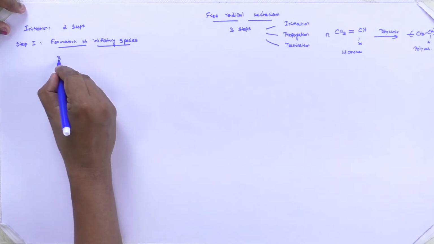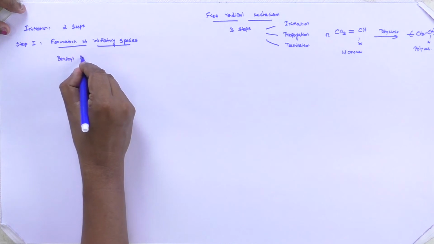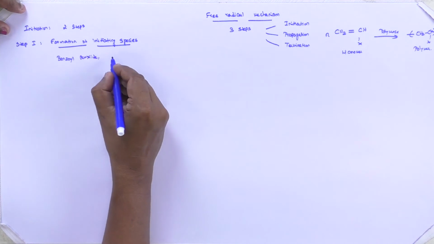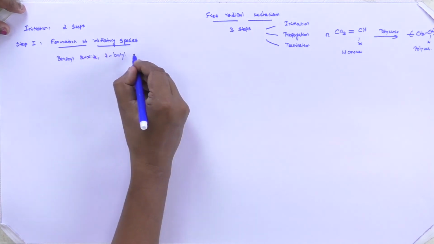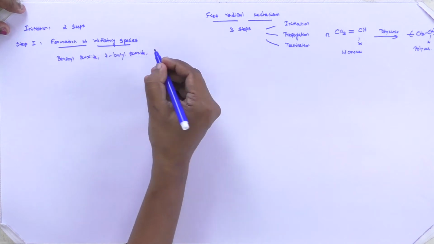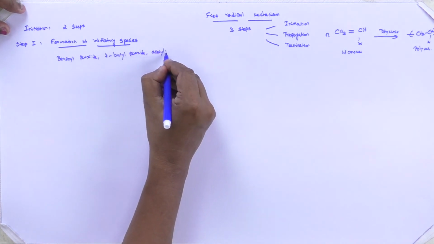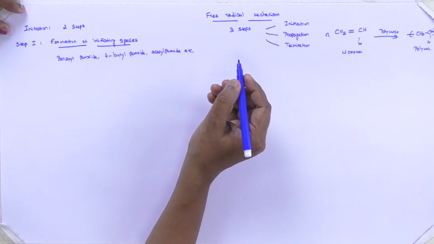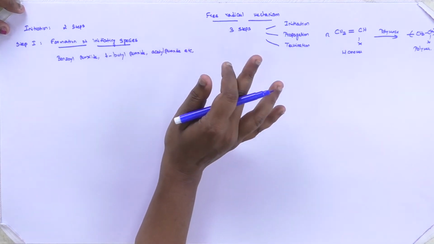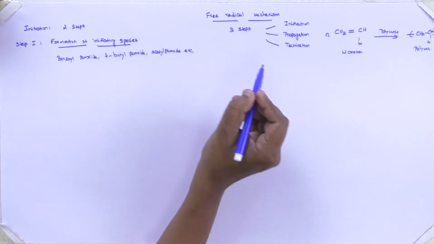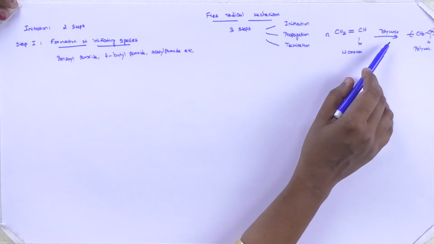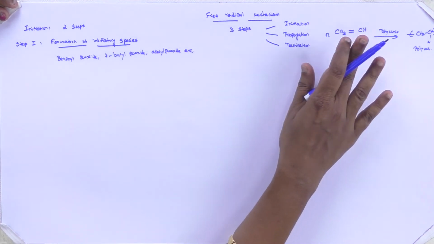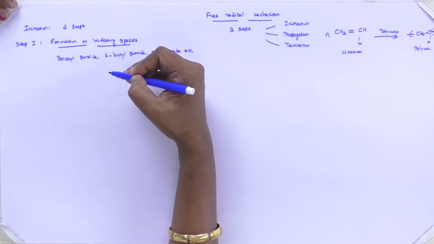One is benzoyl peroxide, or we can use tertiary butyl peroxide, acetyl peroxide, etc. All these may be used as the initiating species for this free radical polymerization reaction. So, if you have a monomer like this, you are going to add initiating species such as benzoyl, tertiary butyl or acetyl peroxide to this. Before adding to the monomer, we have this type of initiating species.